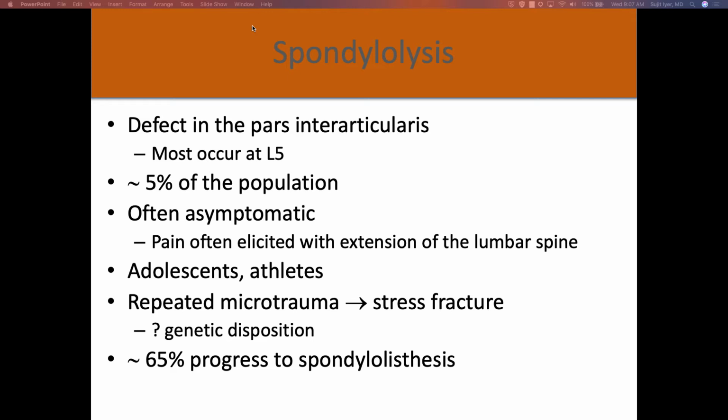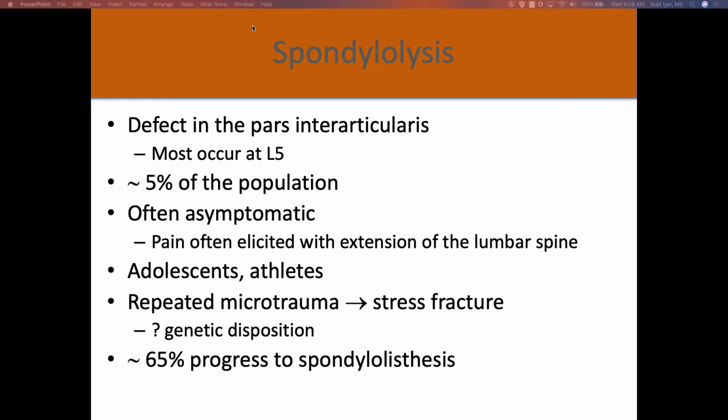So spondylolysis, like he mentioned, is a defect involving the pars interarticularis, most commonly occurring in the lumbar region at L5 specifically. Pain is often exacerbated with extension of the lumbar spine, and again, it is most common in adolescents, and more specifically in athletes, gymnasts, and other specific sports.